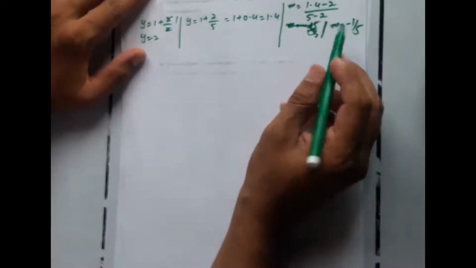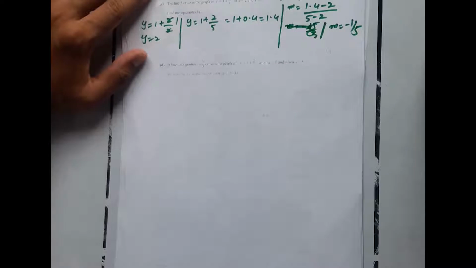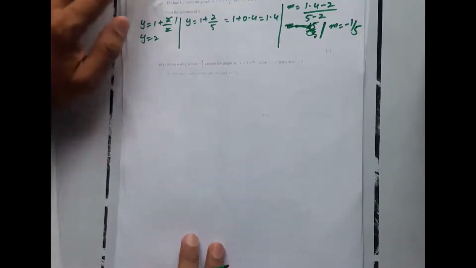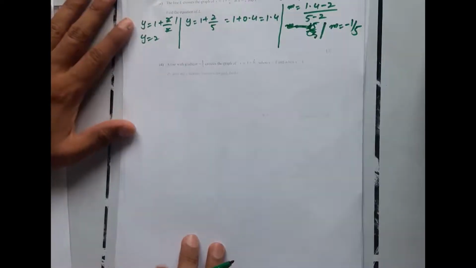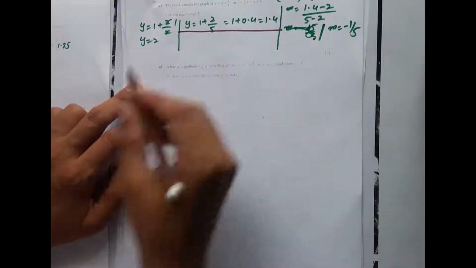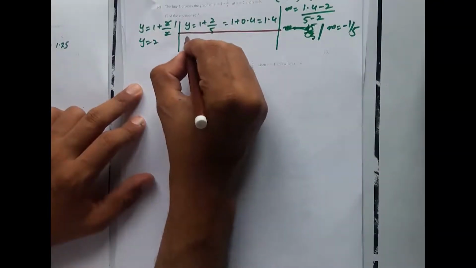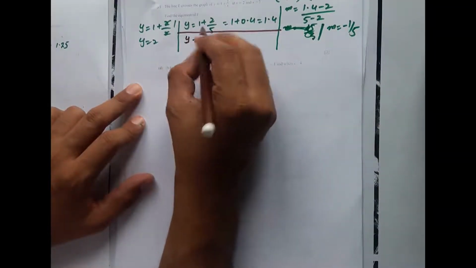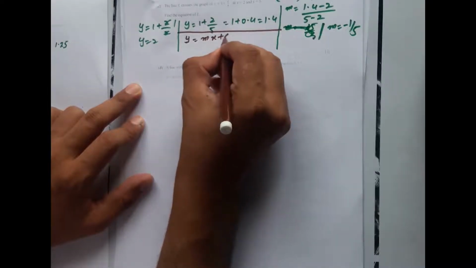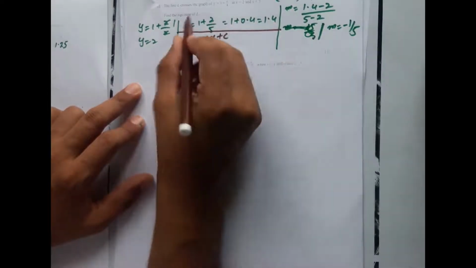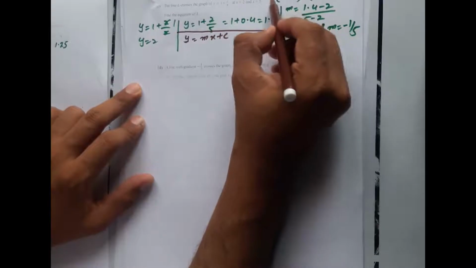Now you have to find the equation. For that you will find the y-intercept. Okay. Now we have to find c. M is known, so we will put the value in y is equal to mx plus c. I will choose these coordinates.